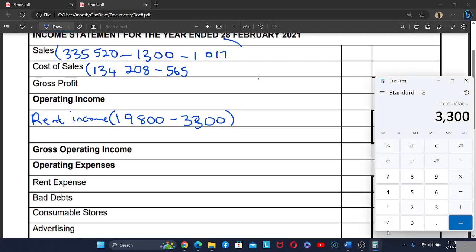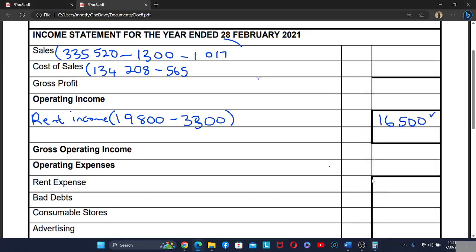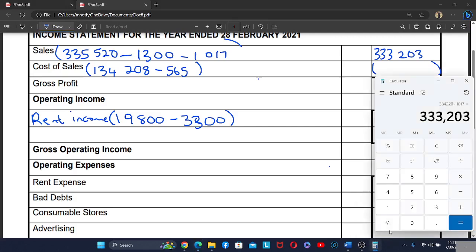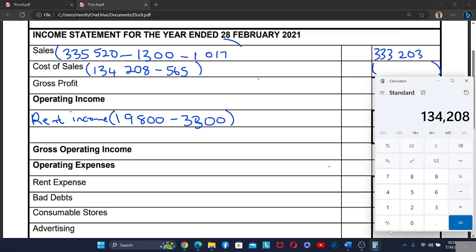So 335,520 minus 1,017. It is going to be 333,203. And then the cost of sales, 134,208 minus 565.